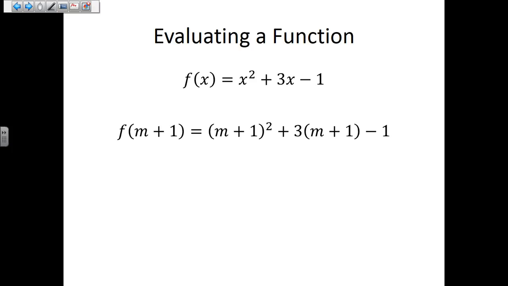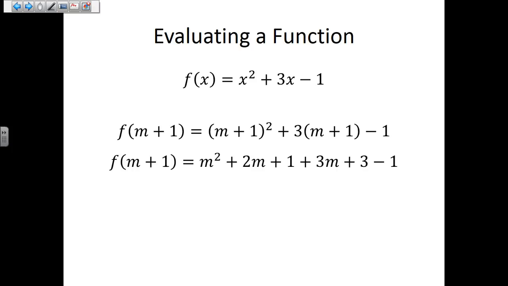Next to the 3, in parentheses, I've got m plus 1. That whole thing, m plus 1, replaces that x. I put it in parentheses again to drive home the idea that that 3 is not just multiplying the m, it's not just multiplying the 1, it's got to be distributed in. So let's do some simplifying.